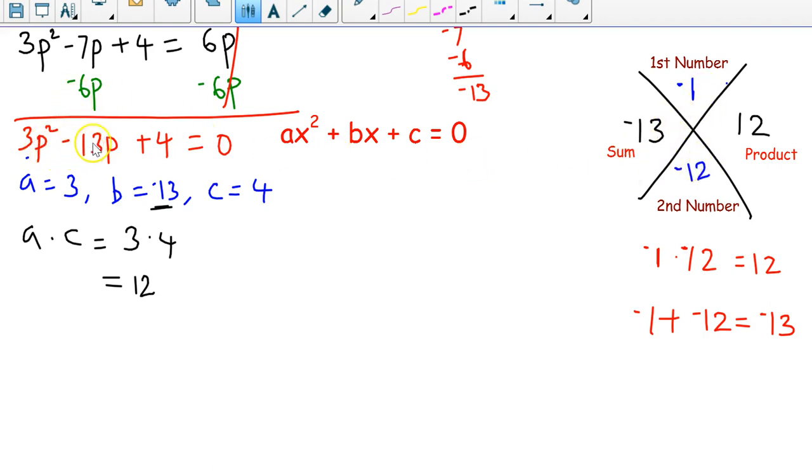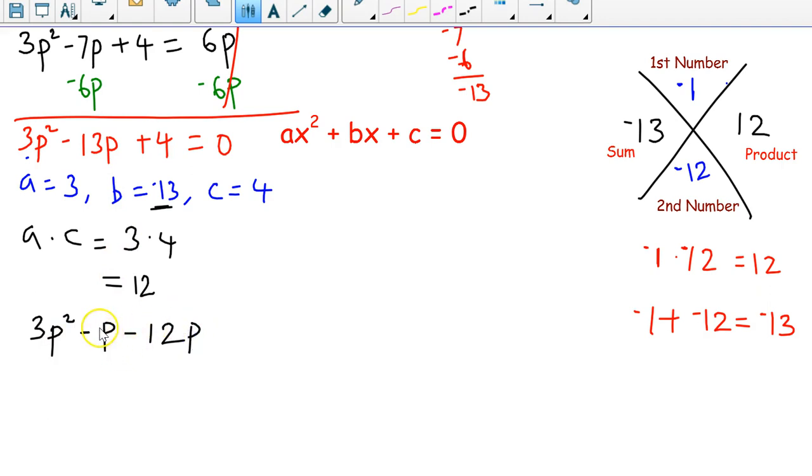Okay, once we have this, we broke down this 13 as 1 and 12. We are going to do the same thing in this quadratic equation. That is, I now have 3p square, that minus 13p I am going to write as minus 1p, or just p. P means it is 1p only, minus 12p, of course.